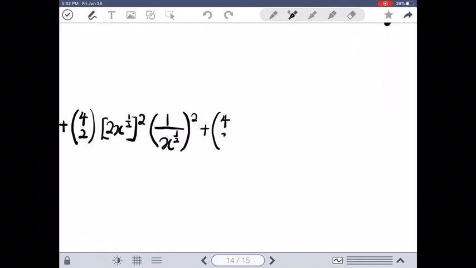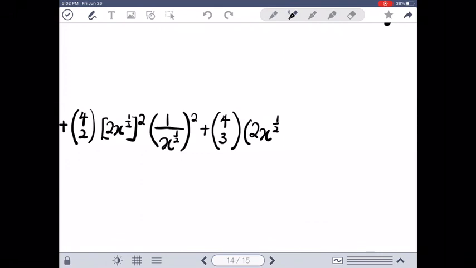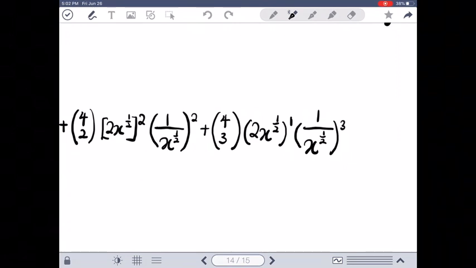Plus the third term, 4C3, (2x to the power of 1 over 2) to the power of 4 minus 3, which is just 1. B is (1 over x to the power of 1 over 2) to the power of 3.